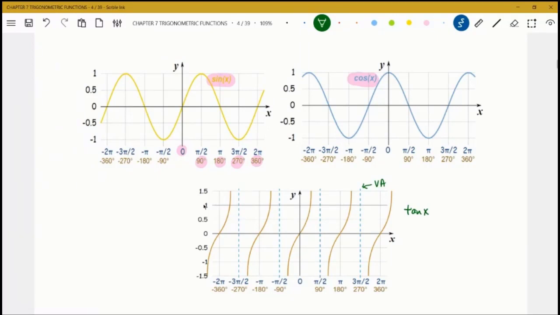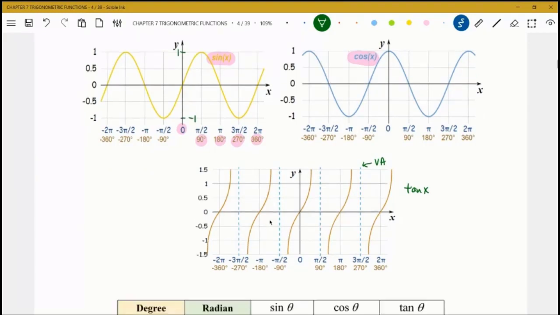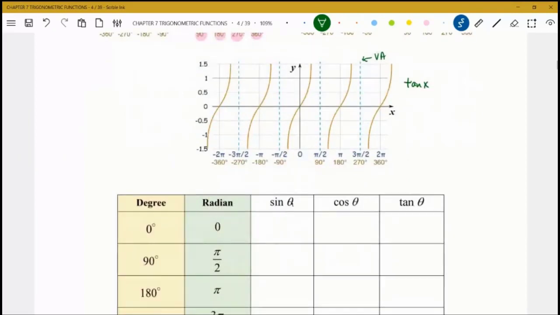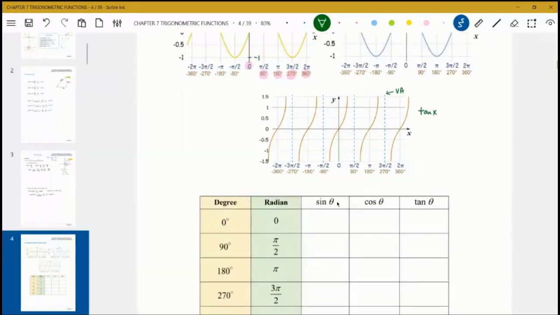Untuk degree 0, 90, 180, 270 and 360. So maksimum adalah 1, minimum adalah negatif 1. Okay, so for the 0, kita ada sin theta, sin 0 adalah 0. So it should be here.